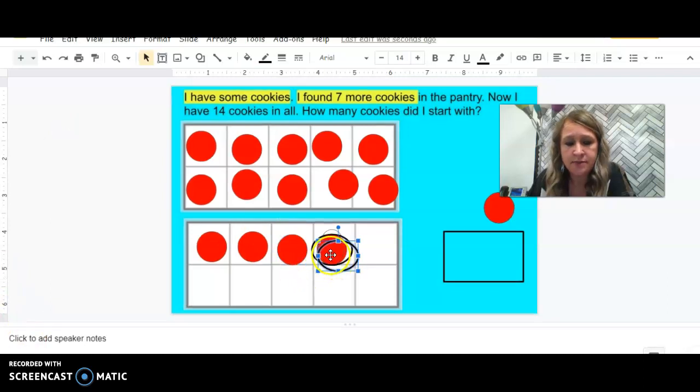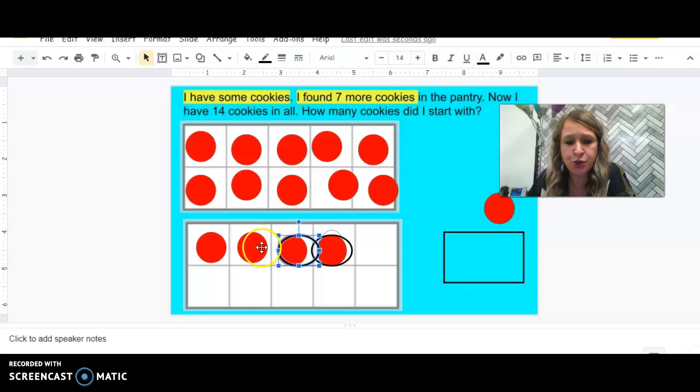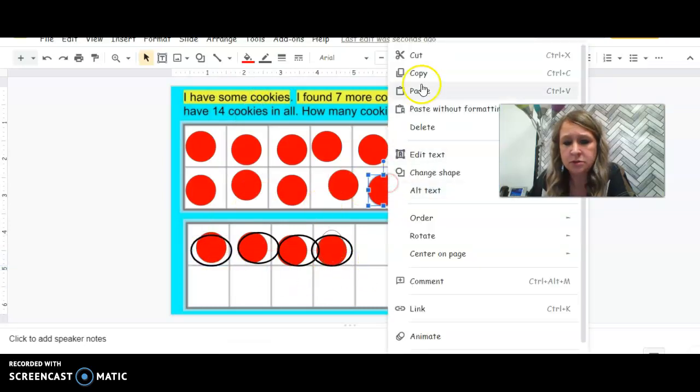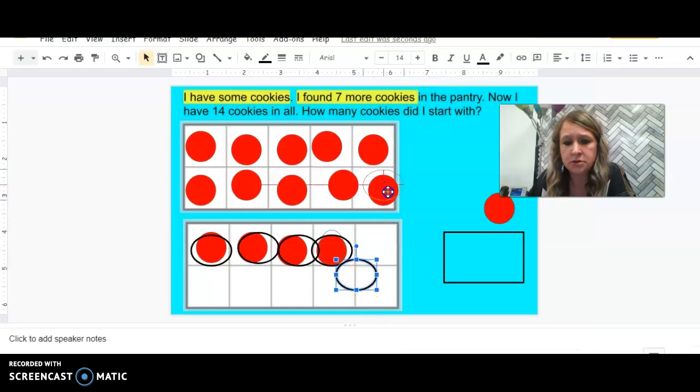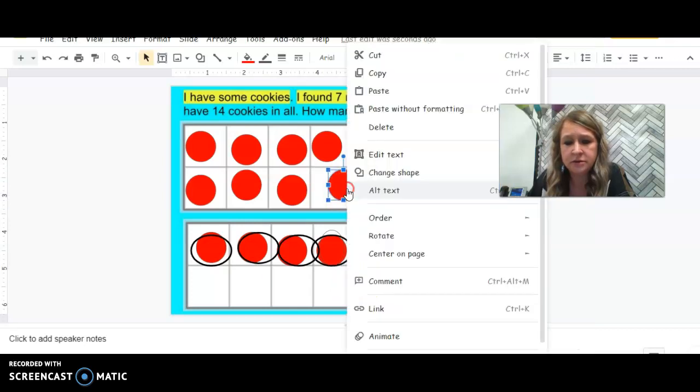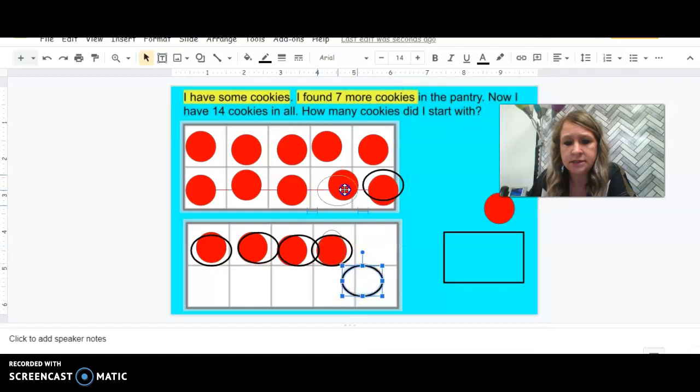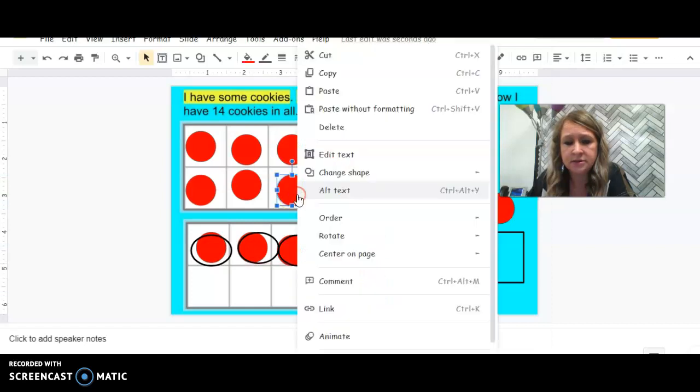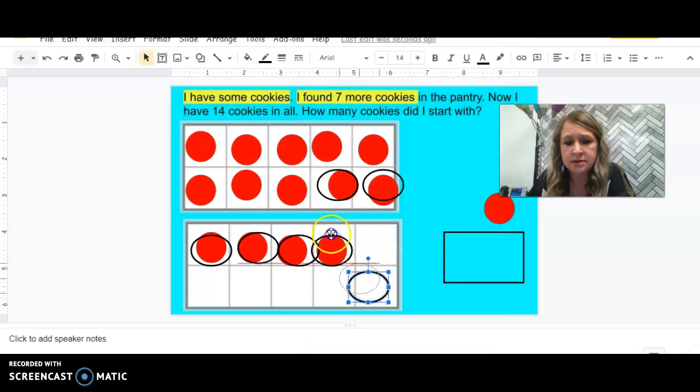So there's 1, 2, 3, 4, 5, 6, 7. So how many cookies did I have to start with?